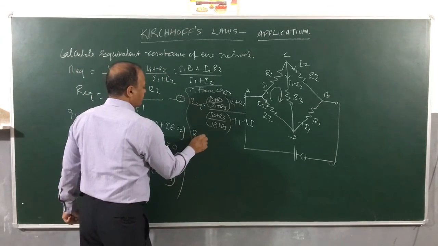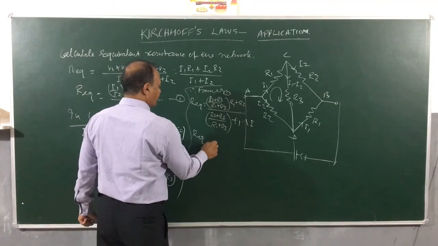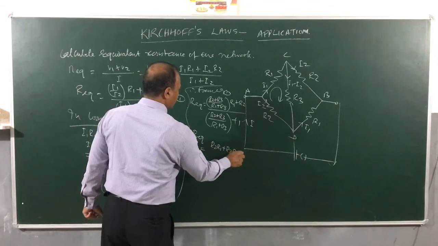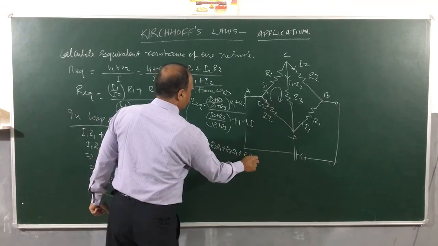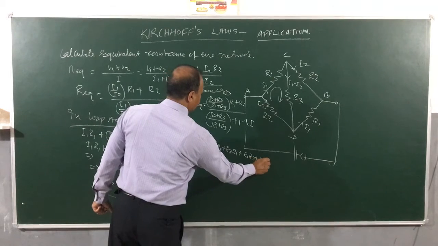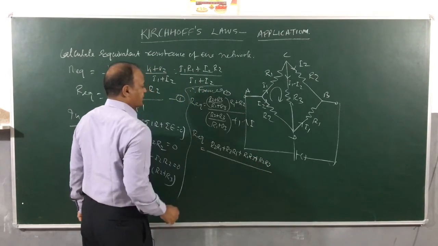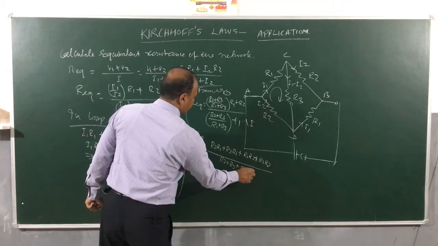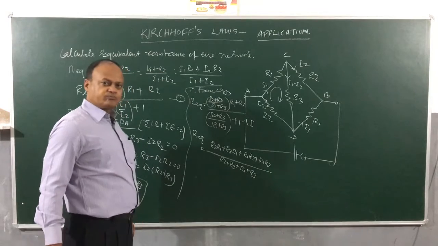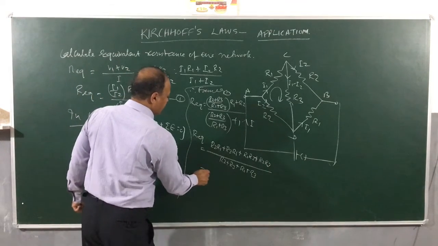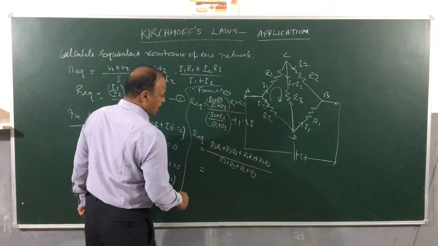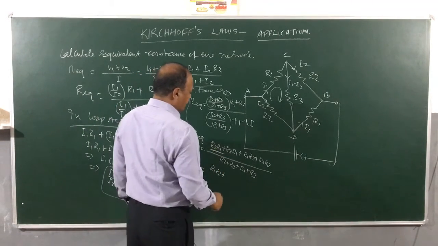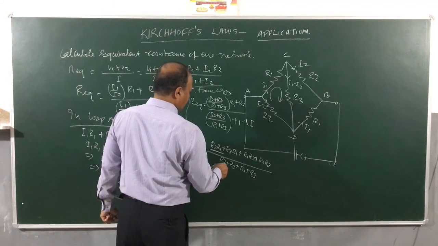So R equivalent will be equal to R2 R1, R3 R1, R1 R2 plus R2 R3 divided by, children, R2 plus R3 plus R1 plus R3, right? So if you simplify, then this becomes R1 R2 plus R2 R3.